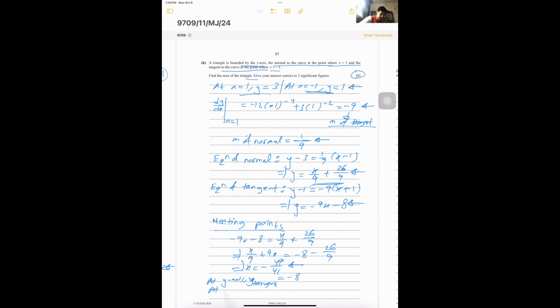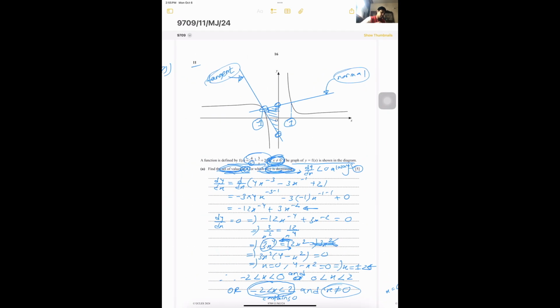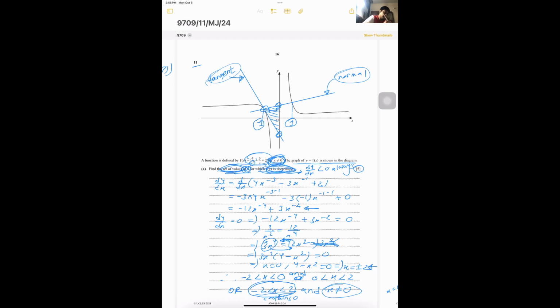At the y-axis, y of the normal is equal to 26 by 9, because x will be 0. Let's just mention that x is 0 for any possible confusion. So I found both of the values, and now let me show what the area would be.